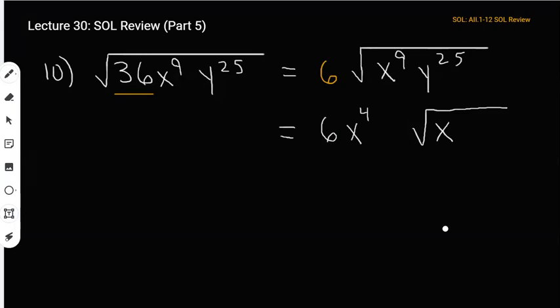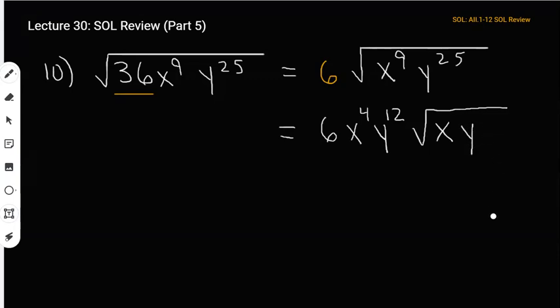Now let's move on to the y's. How many y's can I take out? So we have 25 on the inside, 25 divided by 2. Yeah, 12. So we can take out 12. But we're going to be left with a remainder of 1.